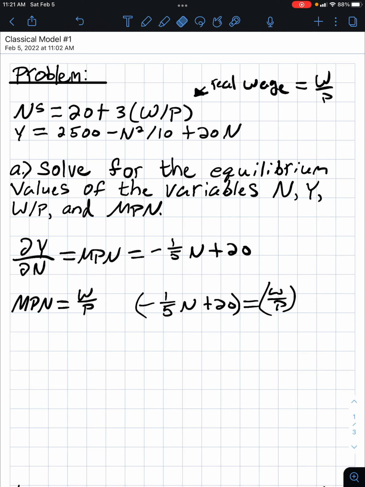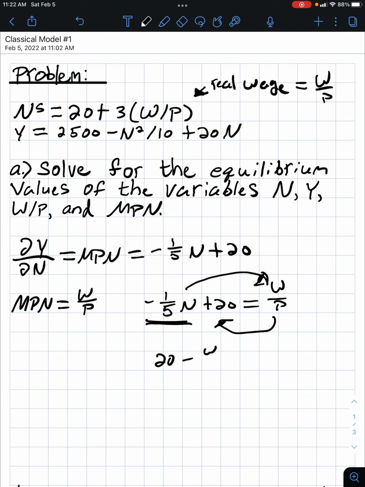Actually, before that, I got one step ahead. Before that, let's make it easier. Let's move the 1/5 n over to the right, and then let's move this W over P to the left. So to do the negative 1/5 to the right, we add 1/5 to the right and subtract W over P to get to the left.